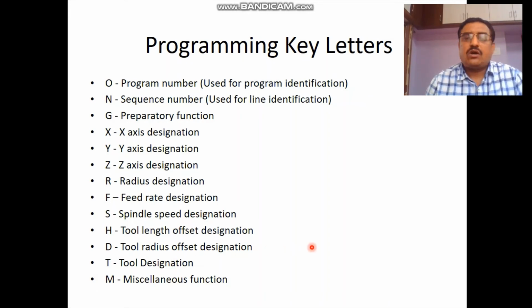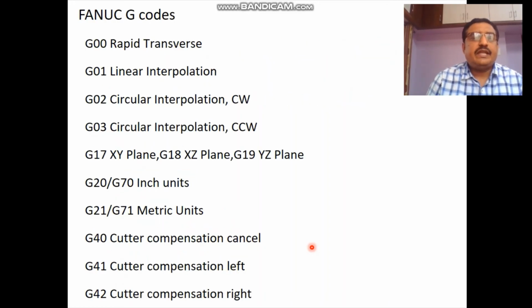These are all called NC words, which are required to give all the parameters in the program. Then, with this FANUC control system, there are some G codes and M codes which are mostly used for programming. We will discuss each code separately in detail later, but for now just overlook these codes.